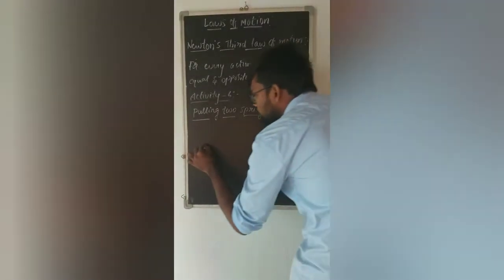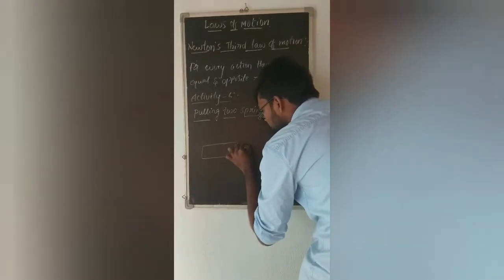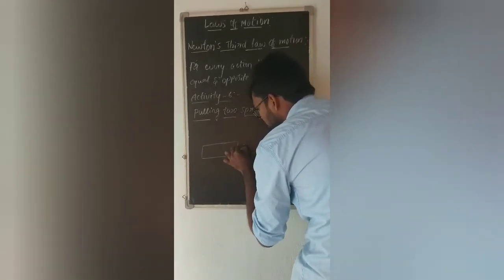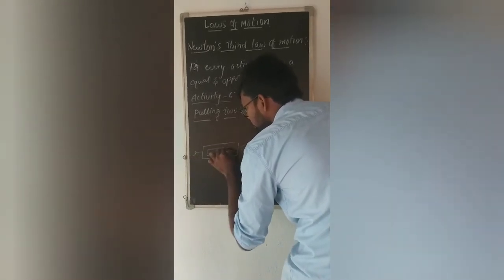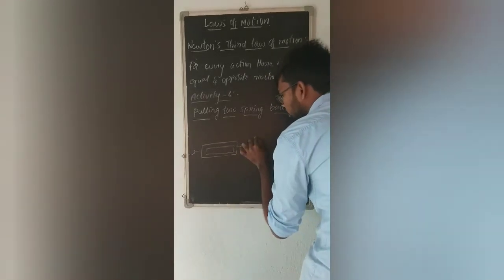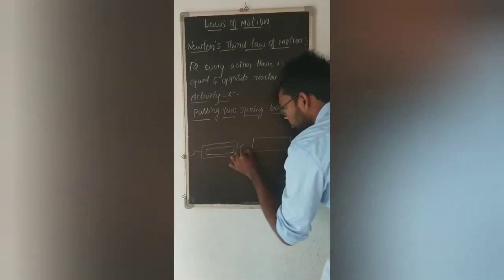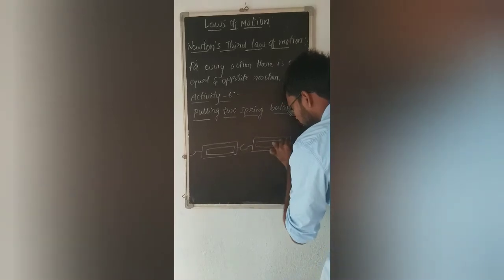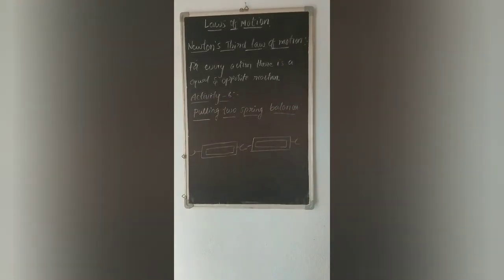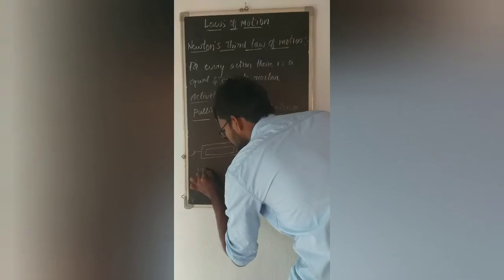If we consider two spring balances, okay, this is spring balance 1, and this is spring balance 2. We are trying to pull the spring balance equally with equal force.